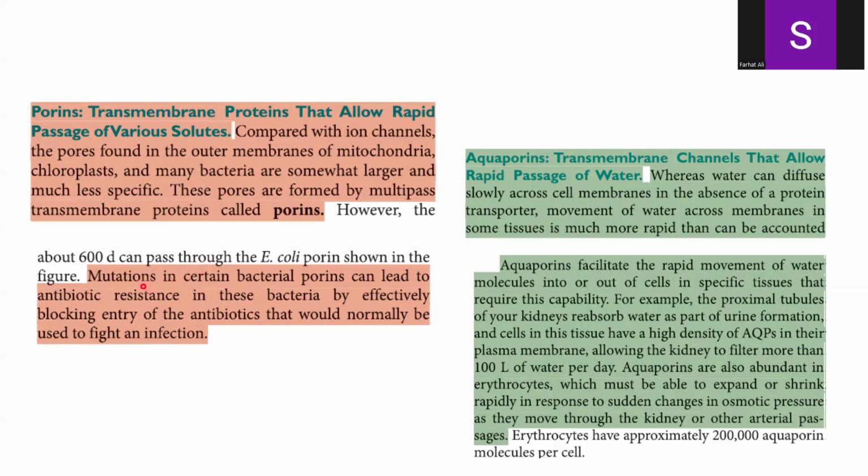For example, mutation in bacterial porins can lead to antibiotic resistance because when these porins are mutated, that will decrease the efficacy of the uptake of the antibiotic. So therefore, the bacteria would become resistant to the antibiotic.